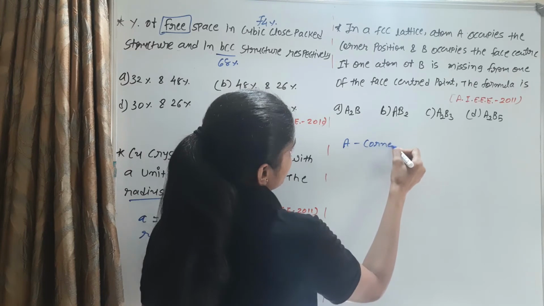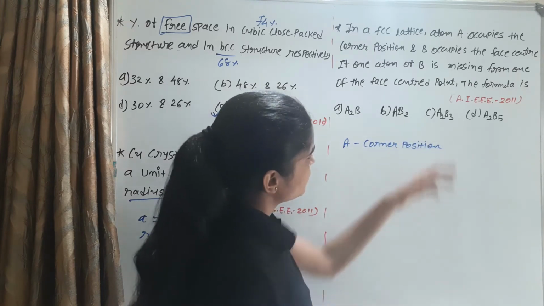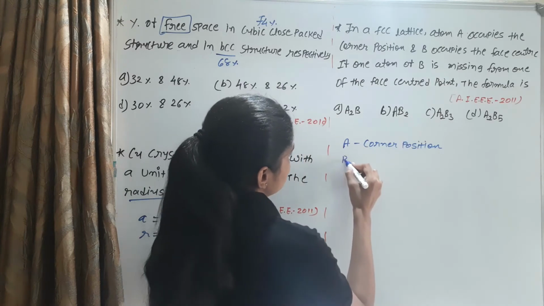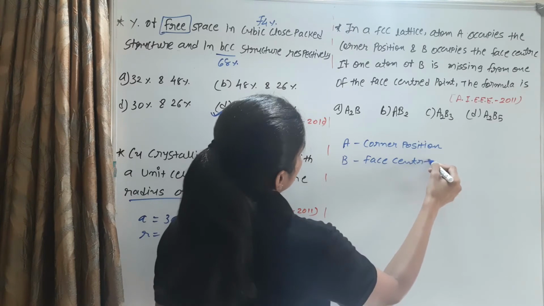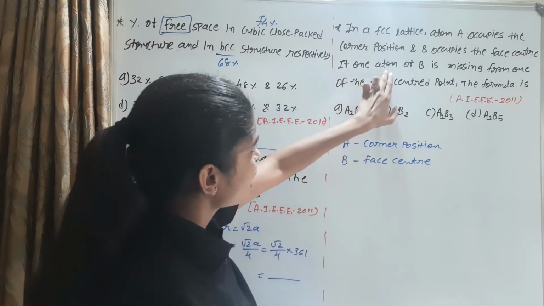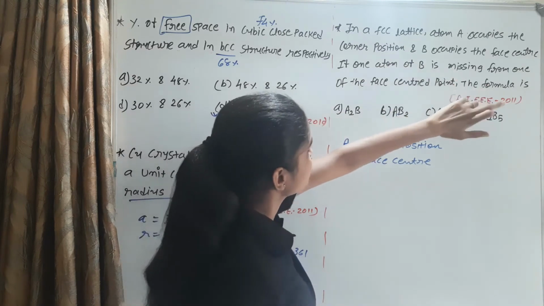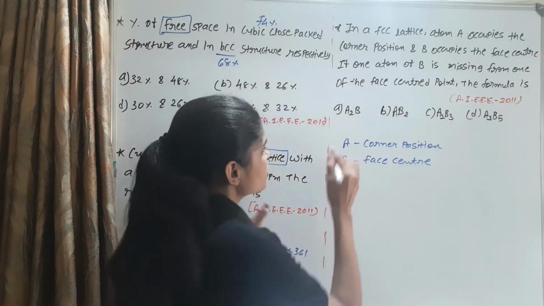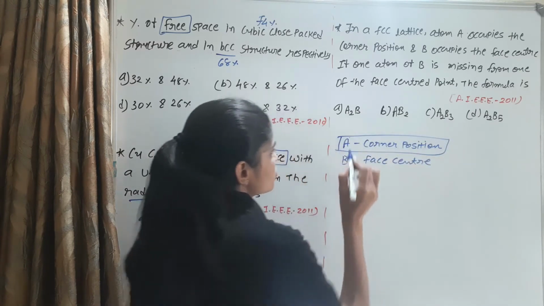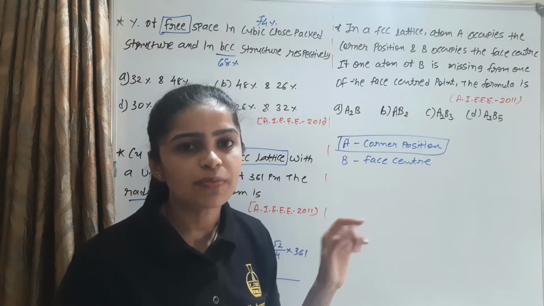Then, in an FCC lattice, atom A occupies the corner position and B occupies the face center position. If one atom of B is missing from one of the face centers, what is the formula? For A, we know that in the unit cell 8 corner atoms are present and the contribution of each is 1 by 8.